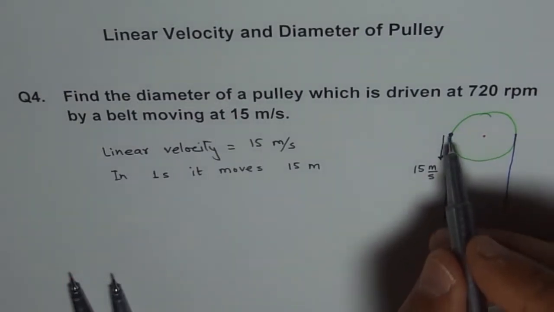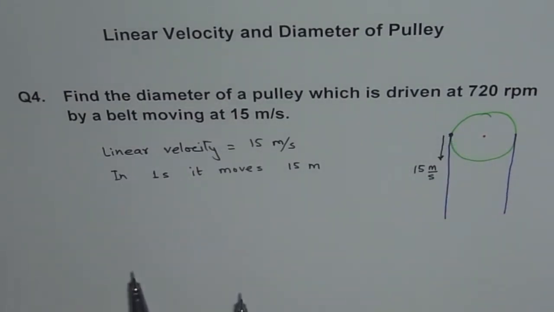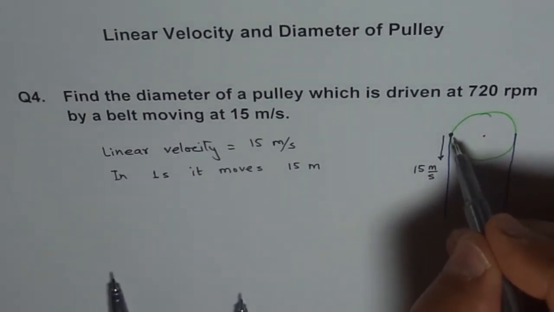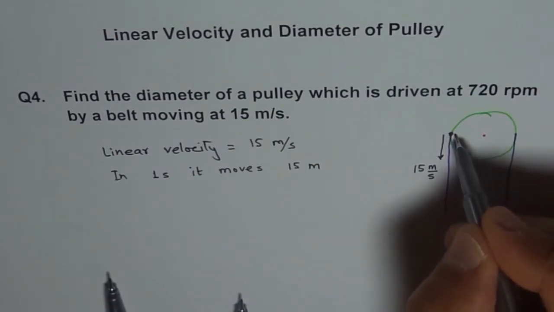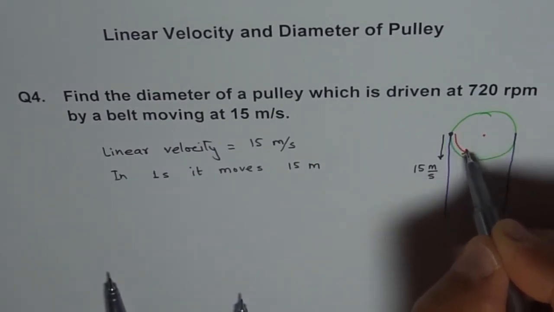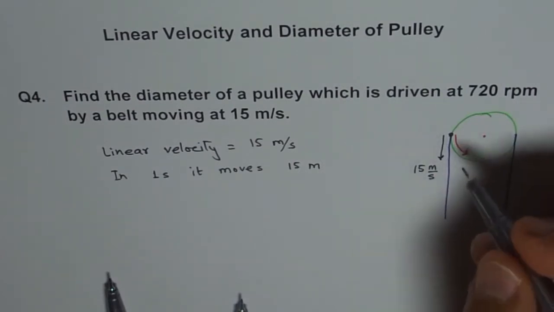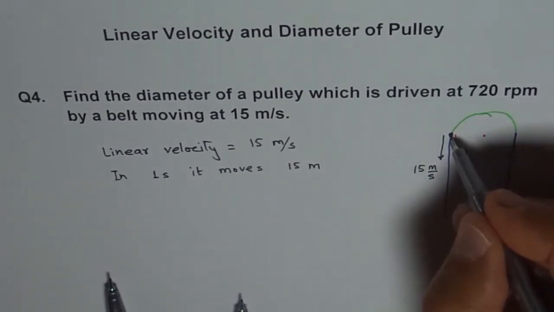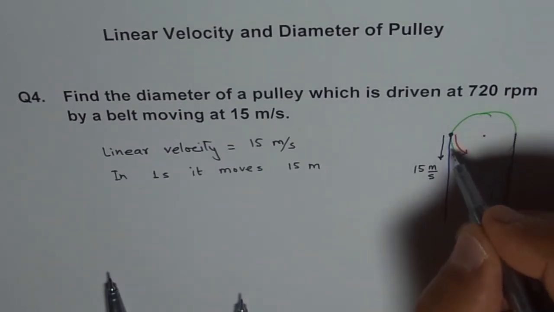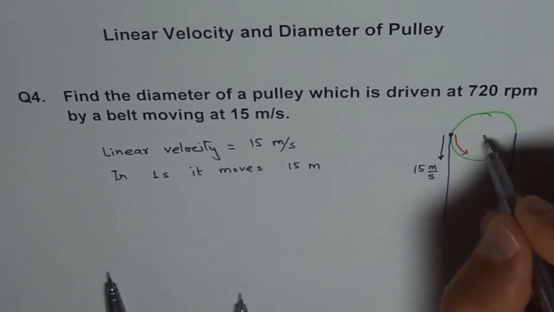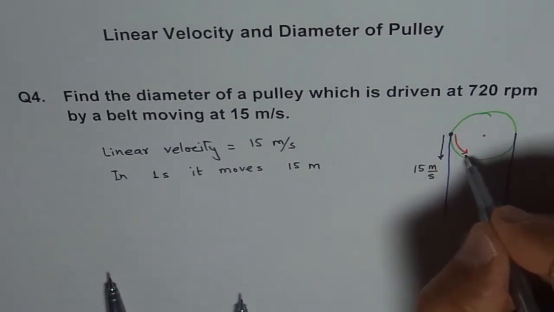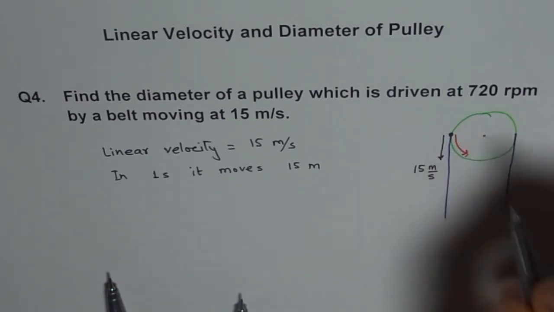Now if a point here moves 15 meters in 1 second, then a point here circularly moves how much distance? Both should be the same, because this point is translated to this point on the belt, but this point was also there on your pulley. So in 1 second it moves some distance here also, and both should be the same.